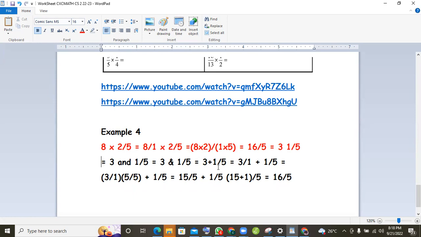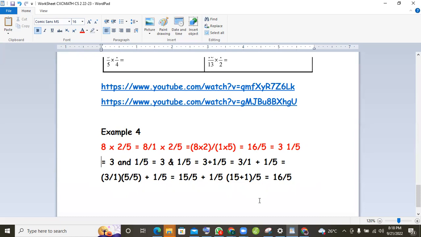And from there I was proving that with the 3 plus the 1/5, you can get back the 16 over 5. There's an invisible plus between the whole number and the proper fraction, and that's just proof that you can get back your improper fraction.